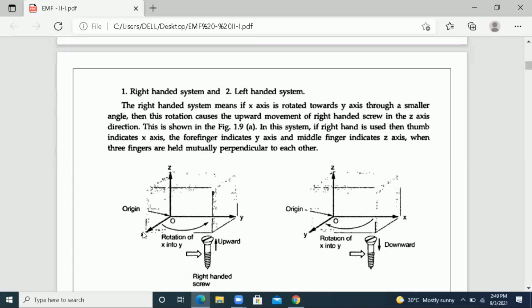So if we say a sheet of charge lies in the x equals 0 plane, you know, the sheet of charge lies here.